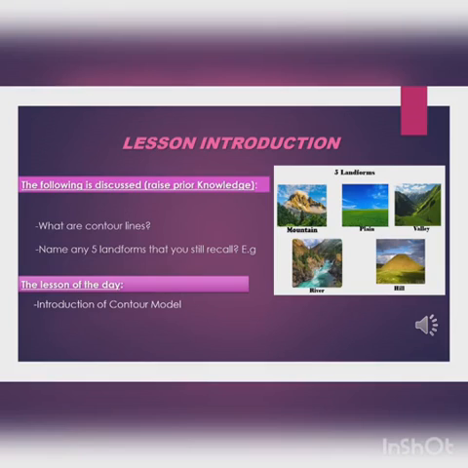Now, let us remind ourselves, guys, what are contour lines? Nice. Contour lines are lines found on the topographical map that join places of the same height above sea level. Isn't it right, guys? Good. Now, name 5 landforms that you guys still remember.